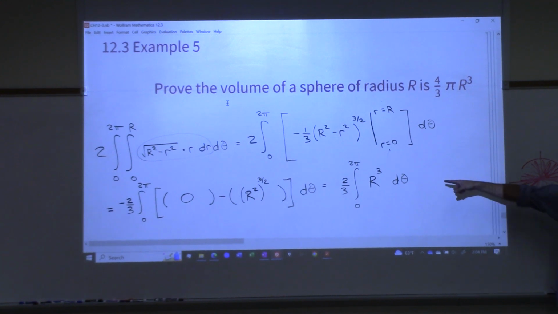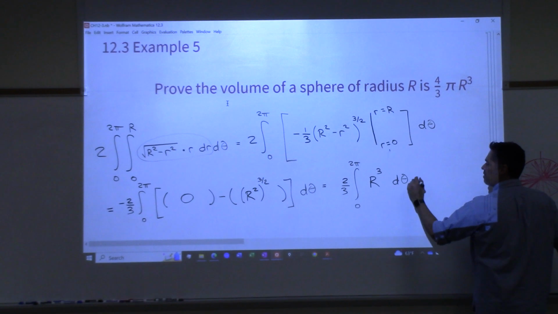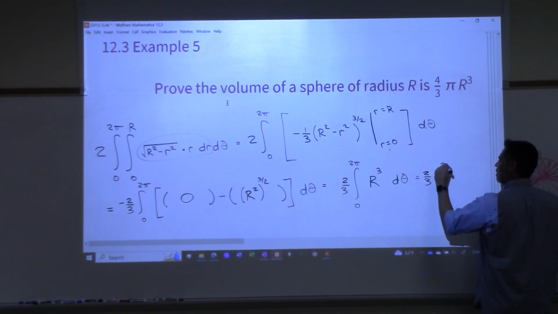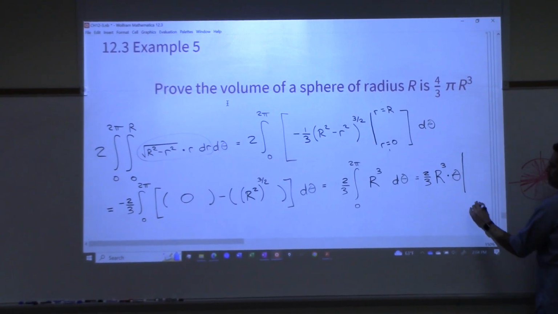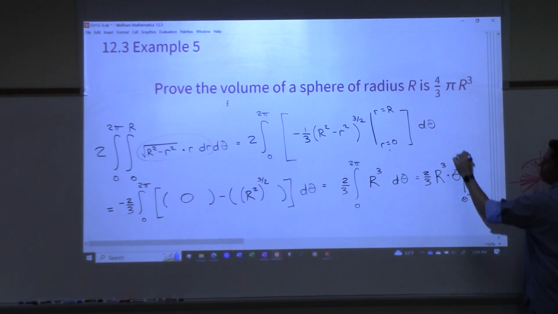And now you're integrating a constant. The antiderivative of this constant is the constant itself times the variable theta, from theta is 0 to theta is 2 pi.